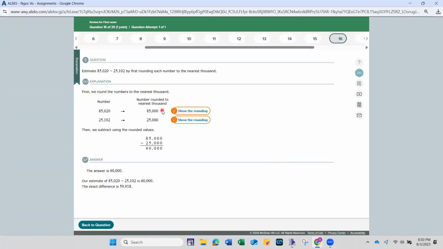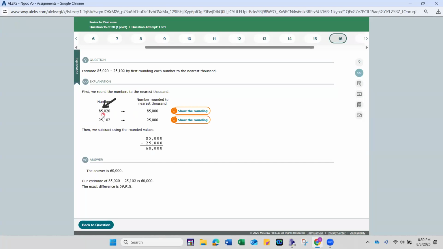Thousand number, that means I need to round my answer right here at 5. The rule says if your next number on the right side is 5 or more than 5, you have to add 1 into the place. But if it is not, you can drop the 0.